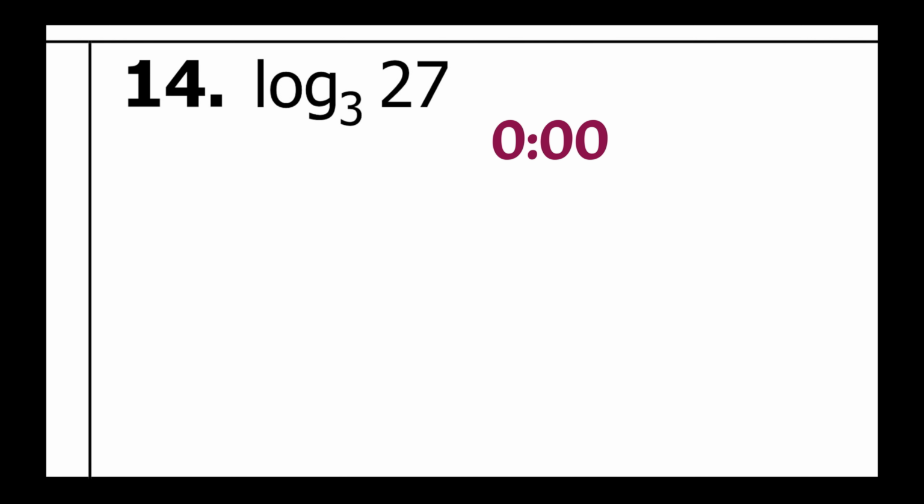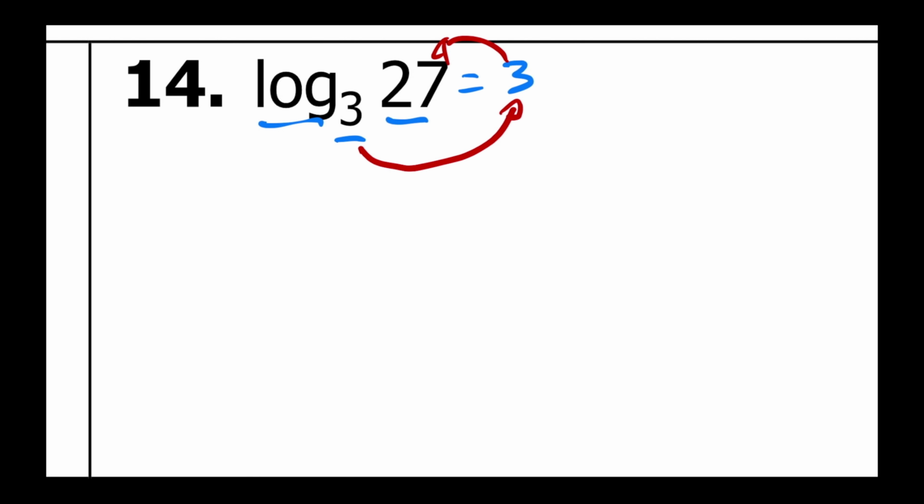All right, time is up. So this is asking what exponent of 3 gives me 27? And the answer is 3, because 3 to the third power gives me 27.